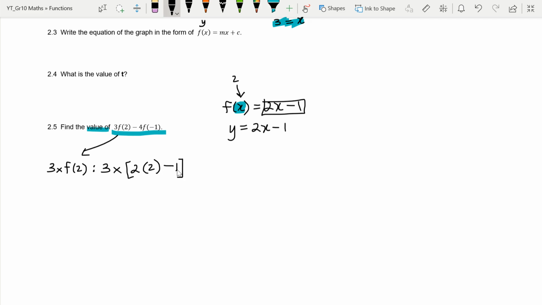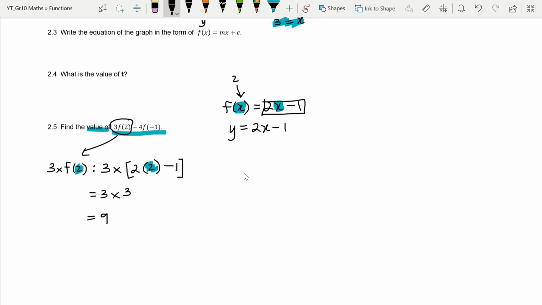So wherever I saw an x, I plugged in a 2. And we're going to calculate that so we can actually get the value of that. So that would be 3 times, 2 times 2 is 4, take away 1 is 3, so that would be 9. So the value of that is 9.